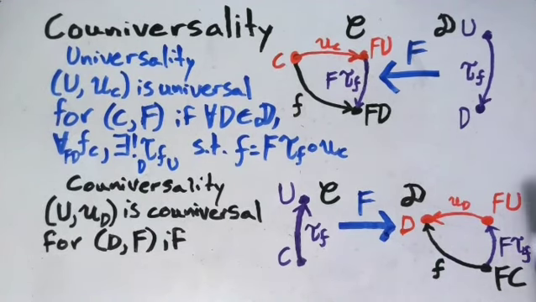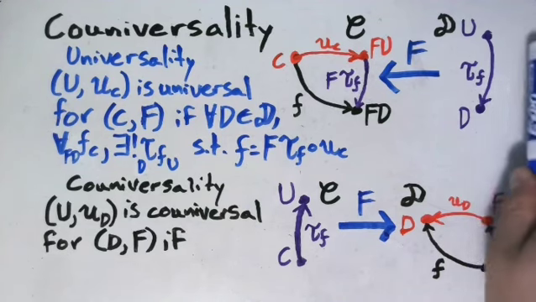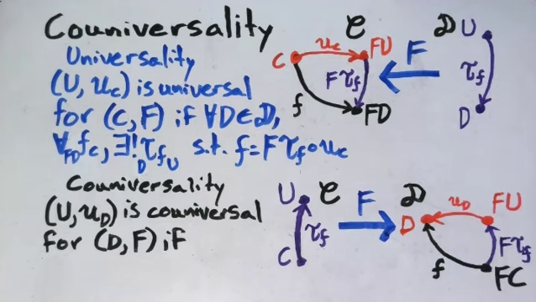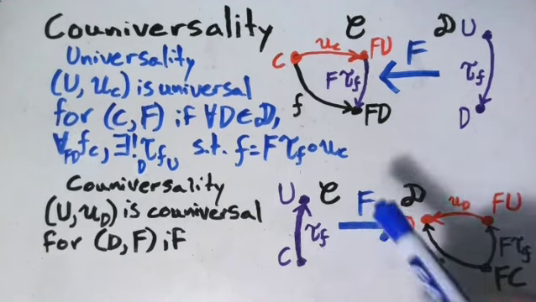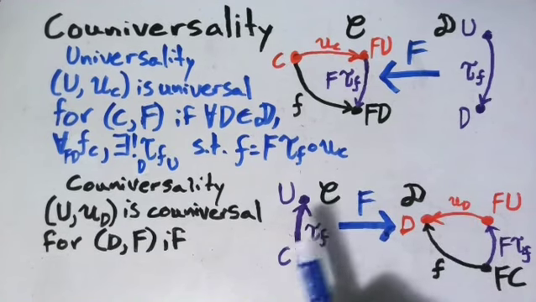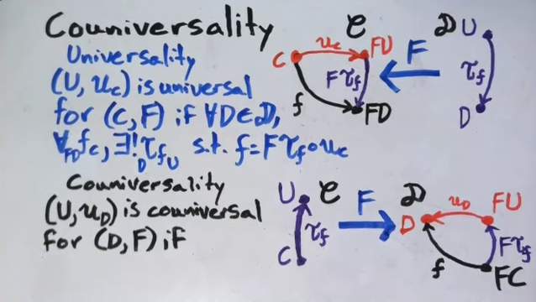You can see that before we had a morphism, tau of f, going from U into D in D. And so in this case, the morphism tau of f is going to go from our arbitrary C this time, since we're in the category C, into our universal object U. So tau of f goes from C into U, which means that F(tau of f) has to go from F(C) into F(U).